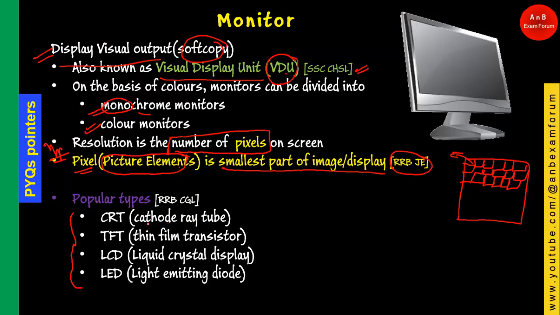Cathode rays were used for displaying the image or visual. So CRT is cathode ray tube, TFT is thin film transistor, LCD is liquid crystal display and LED is light emitting diode. All of these have different technologies to display the image on the screen. These are the commonly used monitors.